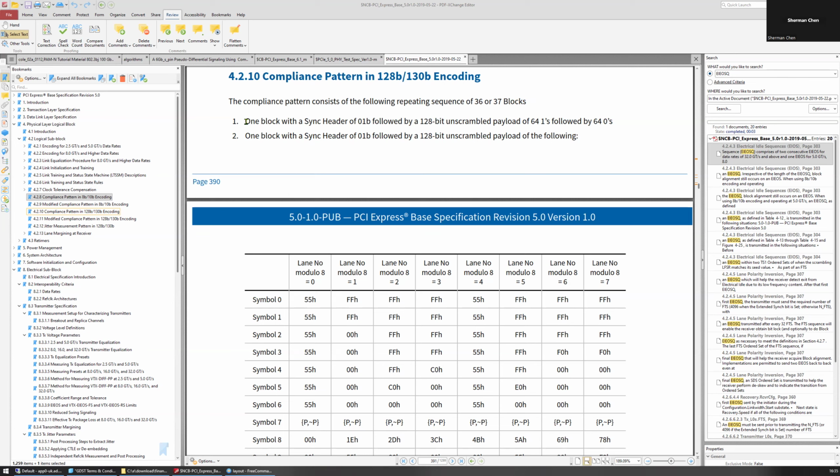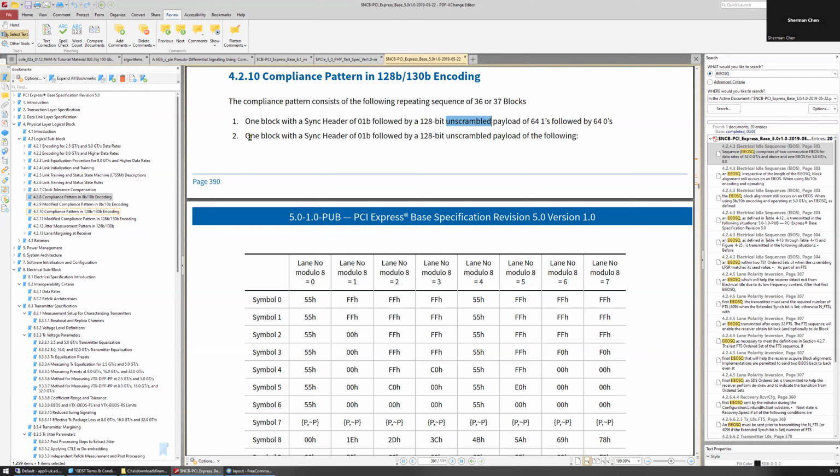First, the first block contains one sync header, which is 01b, followed by 128b unscrambled, 64-bit 1 and 64-bit 0. Note these bits must be unscrambled.